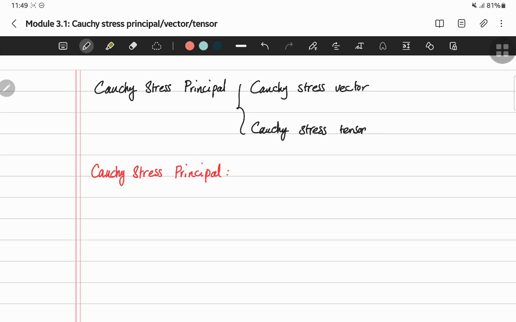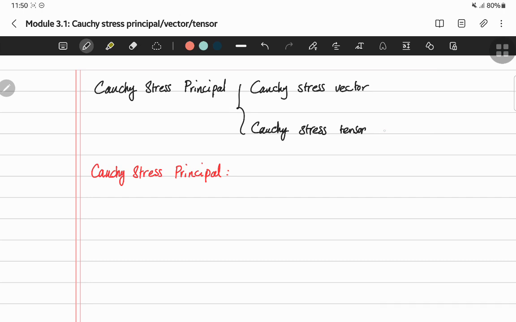So let's get started by the Cauchy stress principle here. Basically, the Cauchy stress principle will result in the Cauchy stress vector as well as the Cauchy stress tensor.